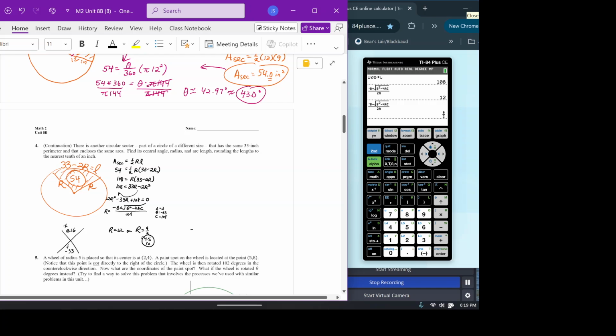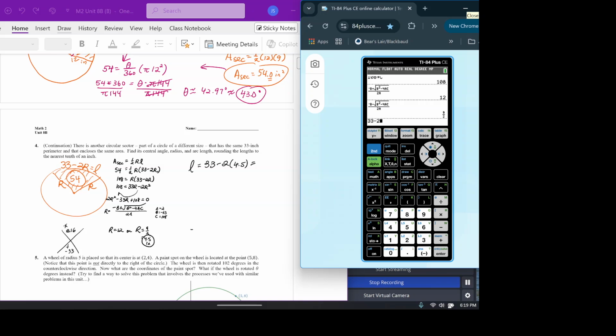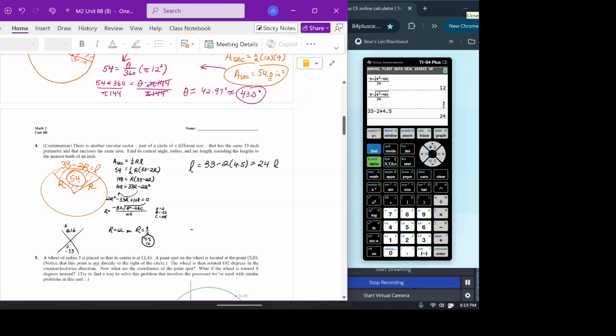So the arc length would have to be 33 minus 2 times 4.5, which is 24. So the arc length is 24 inches. What else do we need? We've got the radius, we've got the arc length. Oh, to the nearest tenth. Well, these are already. Okay, and then the central angle.